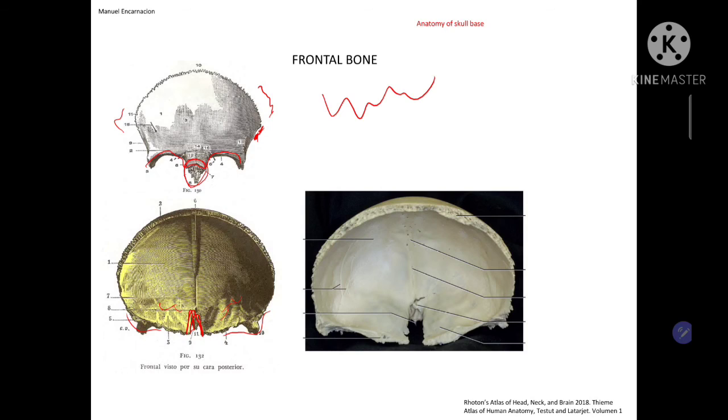At the union of the posterior border with the superior border, there is a small triangular surface, where the three borders converge. You can see it here, this area here, where the three borders converge.